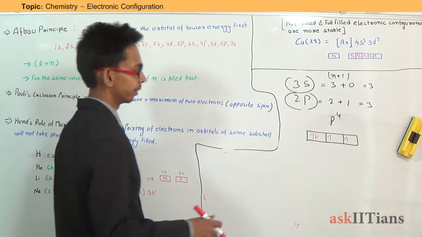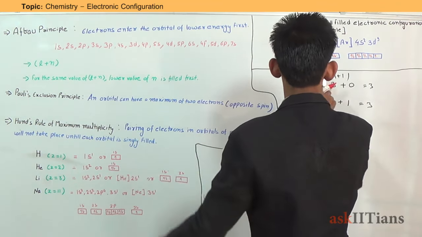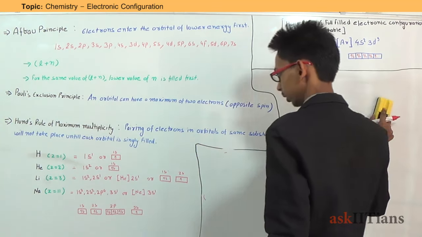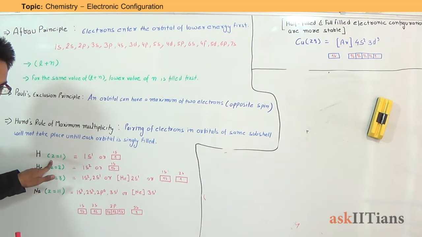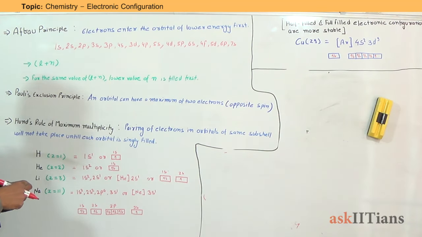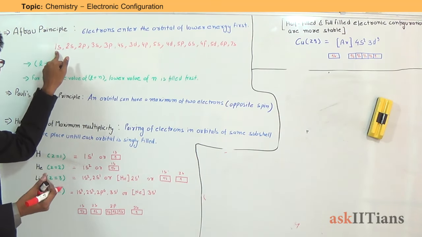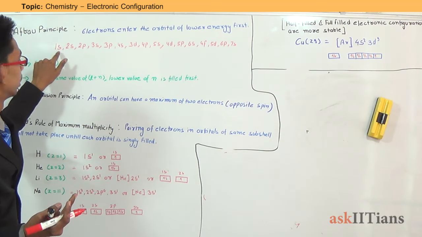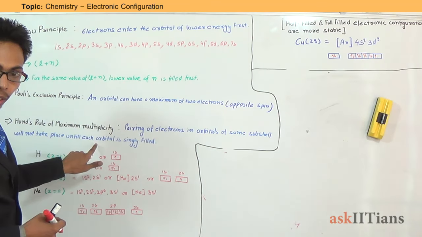Now, in what ways can we write electronic configurations? Let's take hydrogen, the simplest one. The atomic number of hydrogen is 1, Z equals 1, so it contains only 1 electron. First fill the 1s orbital. It can contain a maximum of 2 electrons, but we have only 1, so we write 1s1.